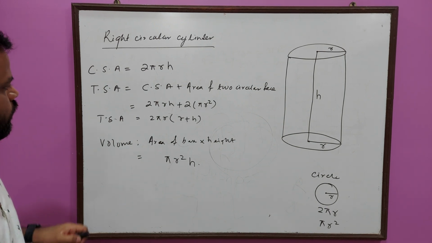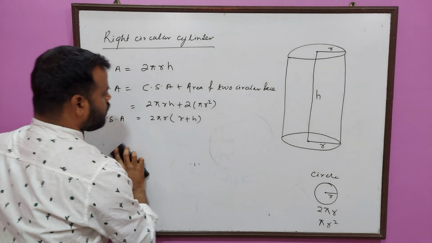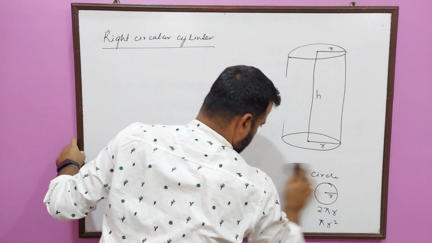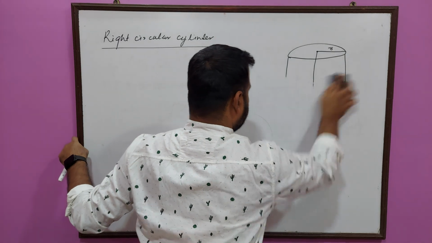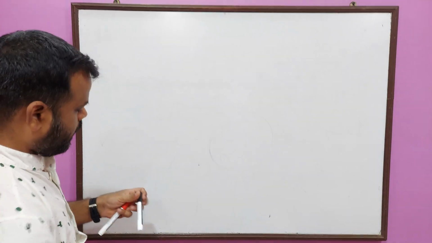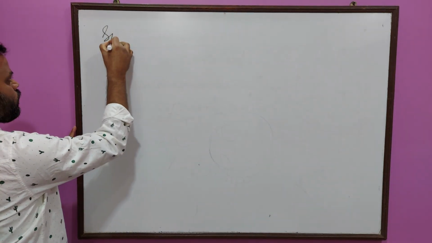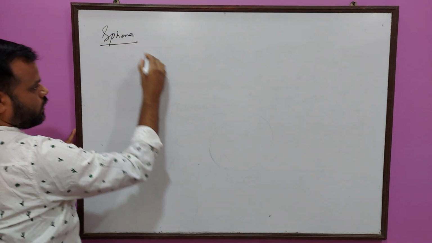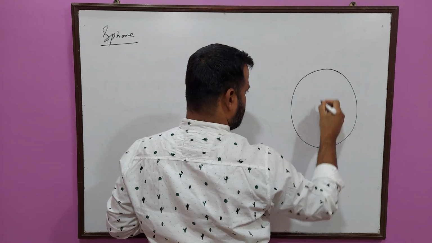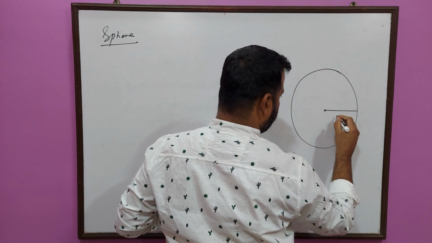Now we'll go through the sphere. A sphere is a geometrical figure which is having no edges.